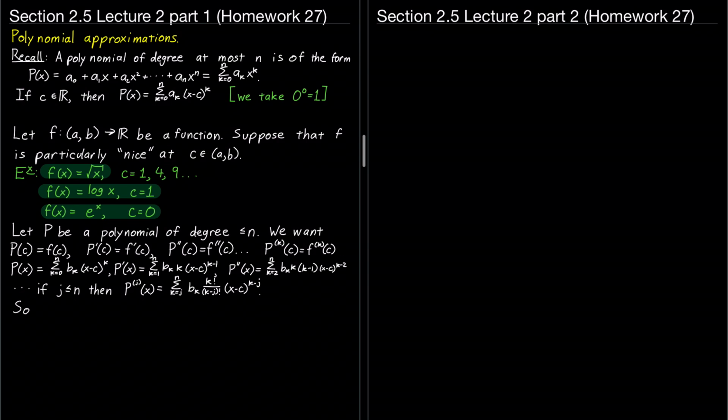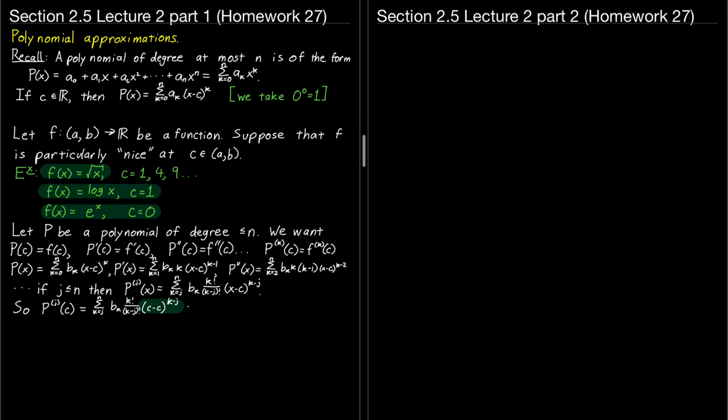And then, if we plug in c, the jth derivative of p at c, we get (c minus c) to the k minus j. And then that term is 0 unless it's 0 to the 0, because we're taking 0 to the 0 to be 1.